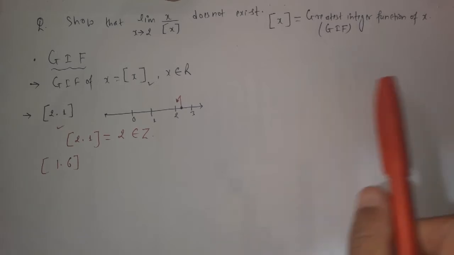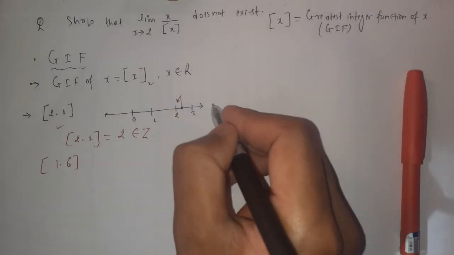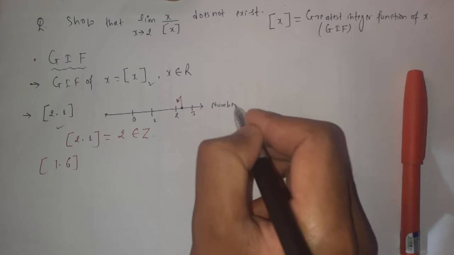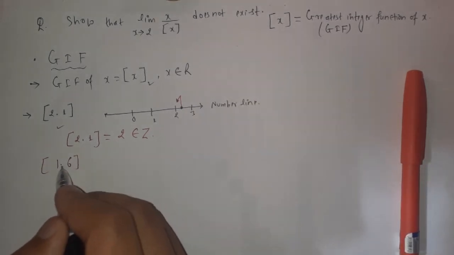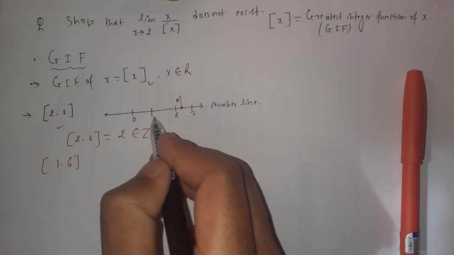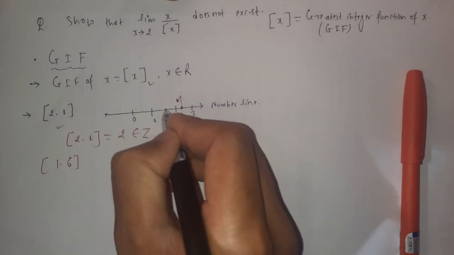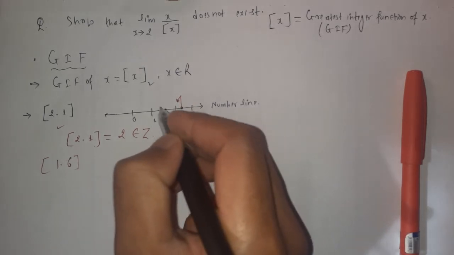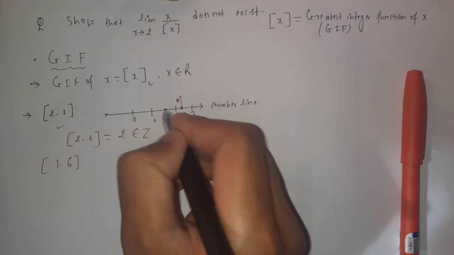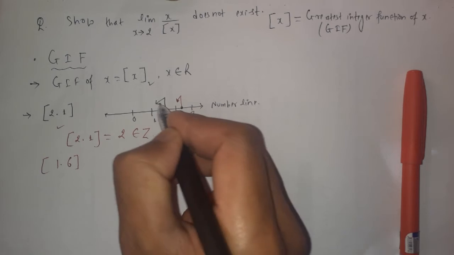Similarly, let's calculate the greatest integer of 1.6. We can use this number line for this problem also. The number 1.6 lies between 1 and 2. Let's suppose here are the numbers 1 and 2. The integer on the left hand side of this number is just 1.